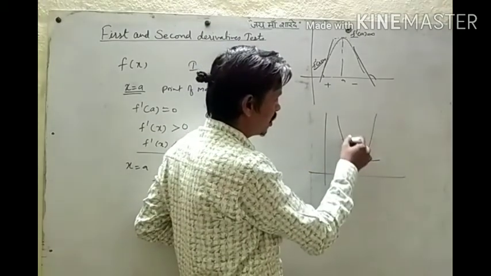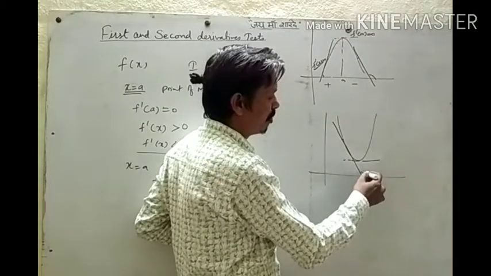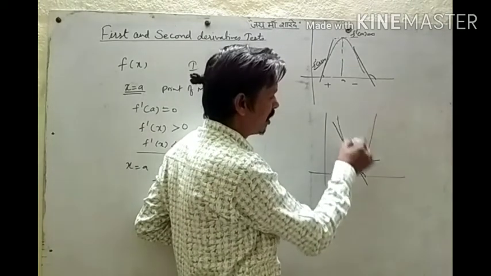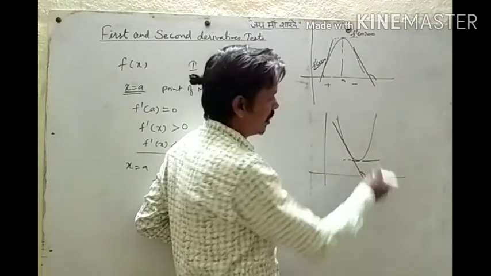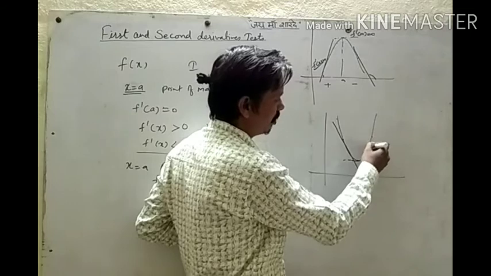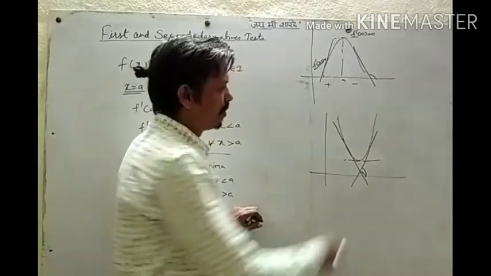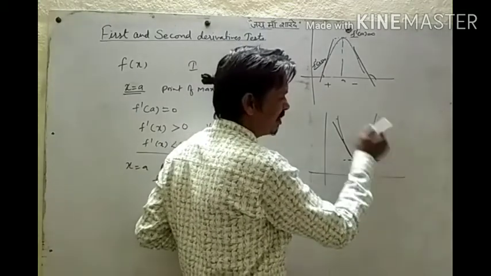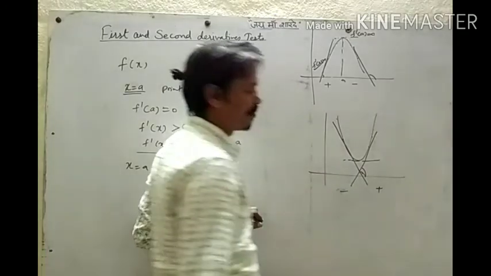Here, if you take this point and draw a tangent, its slope will be negative. It means at every point this function is decreasing. And here, if you take this point or this point and draw a tangent, its slope will be positive, meaning on this side it is increasing, so the sign changes from minus to plus.